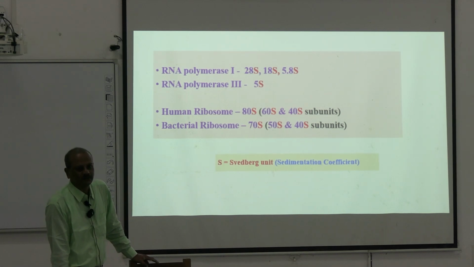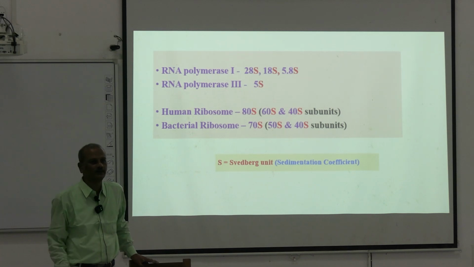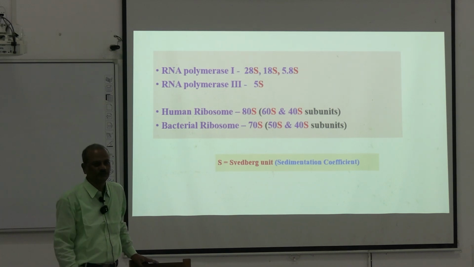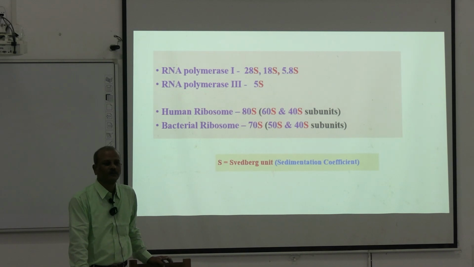What is a Svedberg unit? As you understand, while you centrifuge, you remember subcellular fractionation, organelle separation. Have you read it? How many of you are aware of it? What is subcellular fractionation, and how is it done? Can anybody tell?